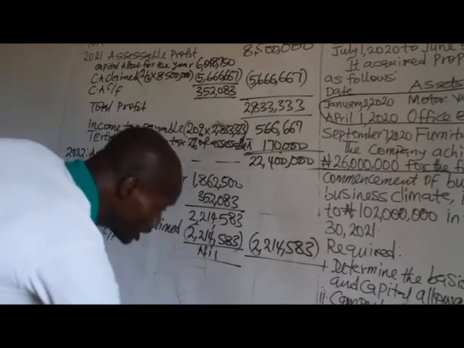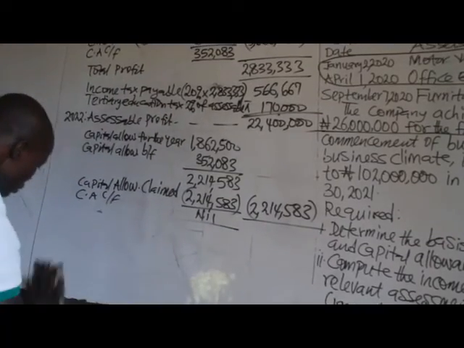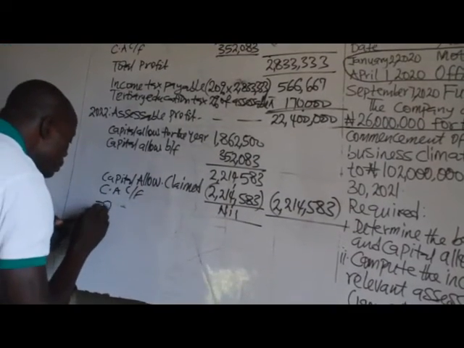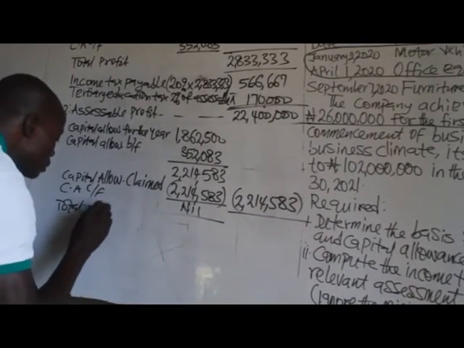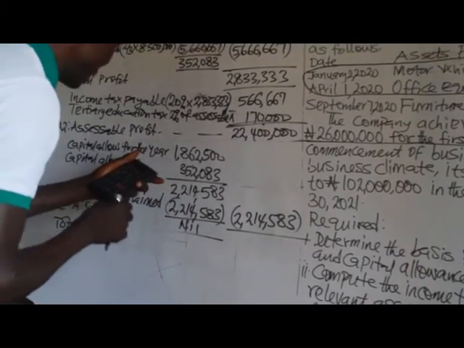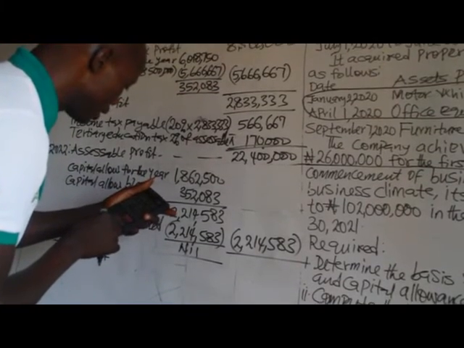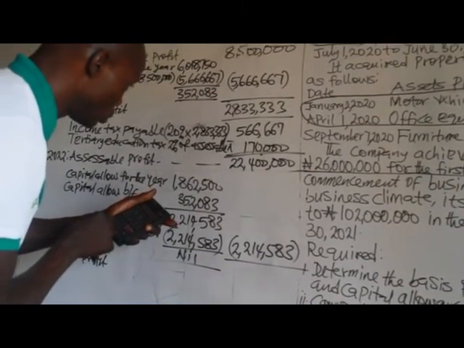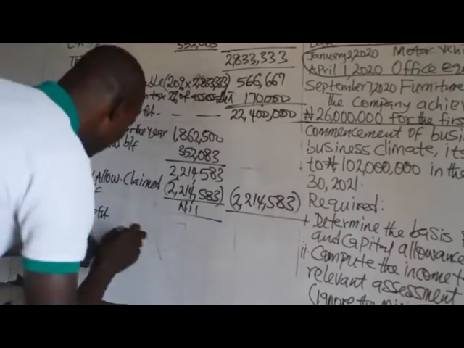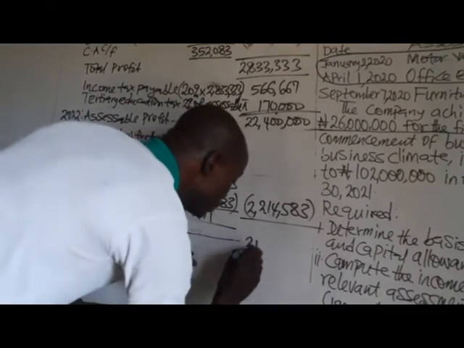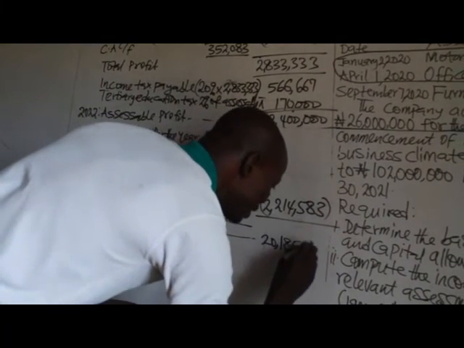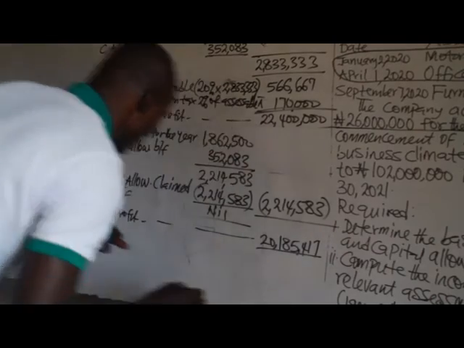Therefore, our total profit, if you deduct the capital allowance from the assessable profit of 22,400,000, amounted to 20,185,417. That is our total profit.